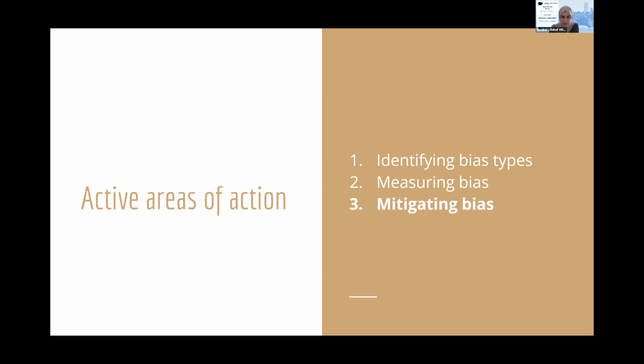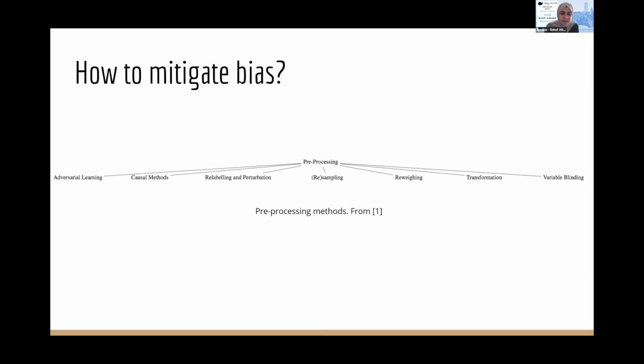So let's start by seeing how we can really mitigate bias. There are different techniques to mitigate bias, related to three categories: pre-processing techniques, in-processing techniques, which we're not going to cover, and post-processing techniques, where you tweak the results of the algorithm by setting a threshold and playing with the outcomes of the algorithm.